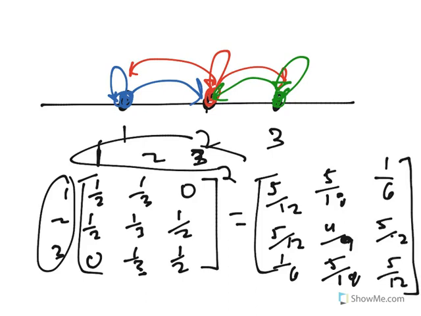And these 9 numbers tell me, for example, this one here says that if I'm in position 2, there's a 5/18 chance I'll be in position 1, 2 moves from now.